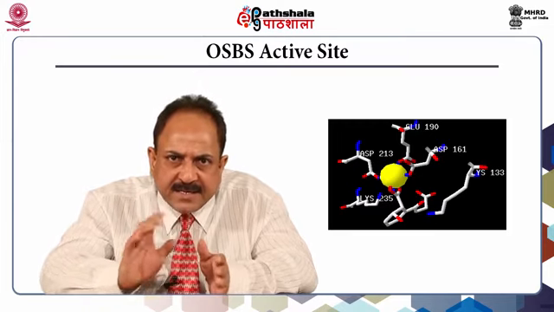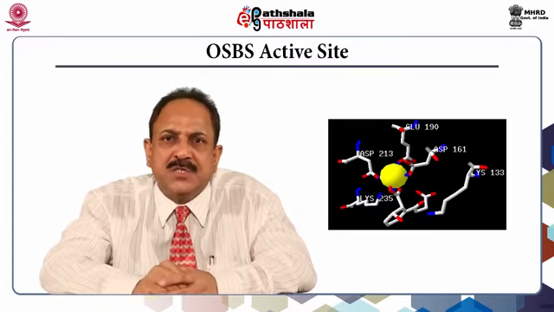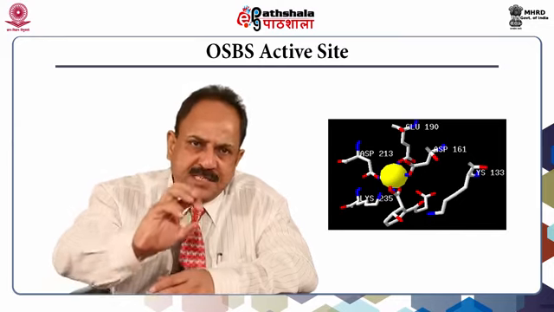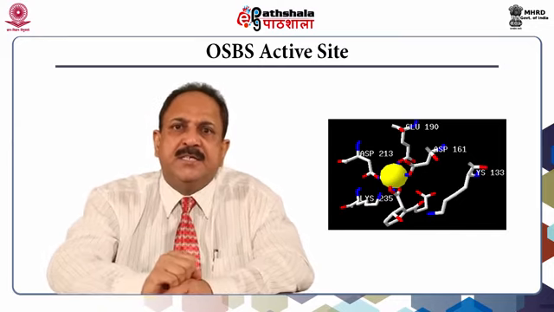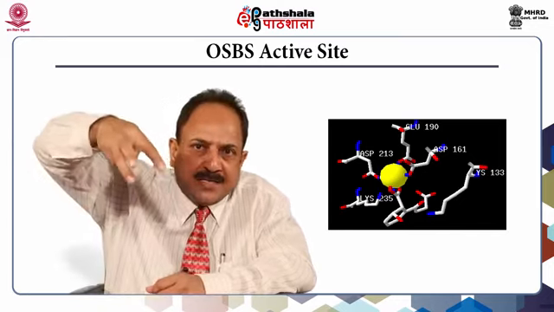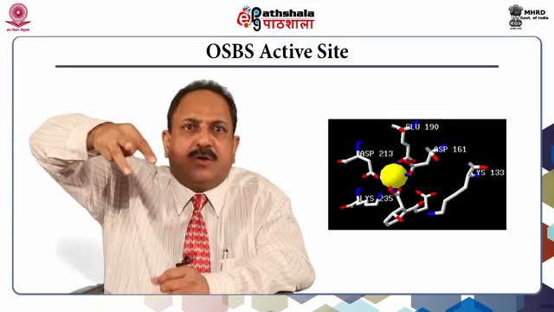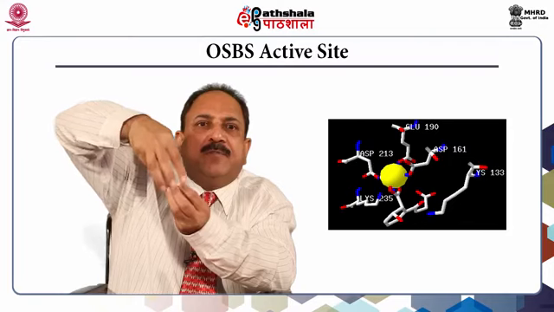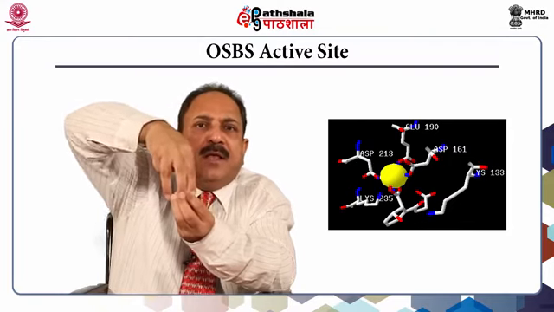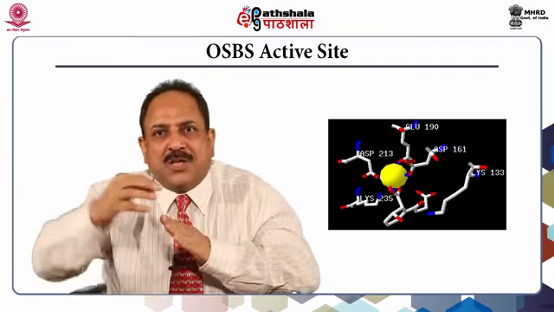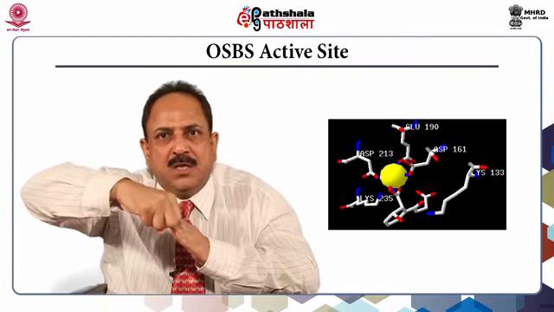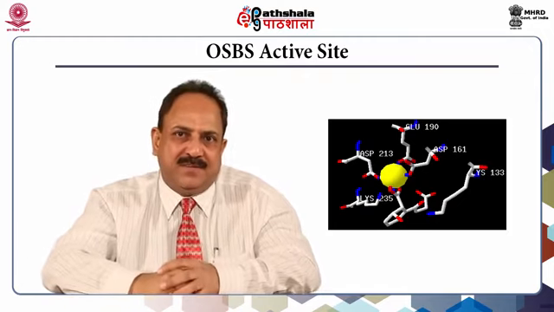The mapped active site for OSBS shows that a magnesium ion is coordinated by aspartate 161, glutamate 190 and aspartate 213 from, let us say, the top, and one oxygen from the substrate also coordinates to this magnesium ion.